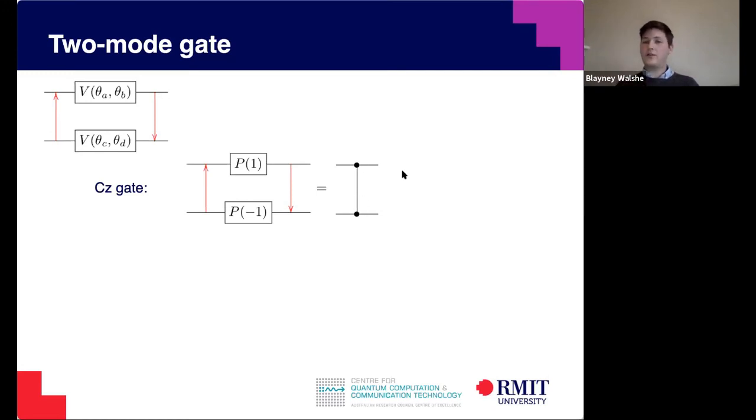So what I'm telling you here is that what previously people thought you needed two steps to implement the CZ gate. I showed you a second ago that we could do single mode gates in one step. Now I'm showing you we can also do two-mode gates in one step, which is great.